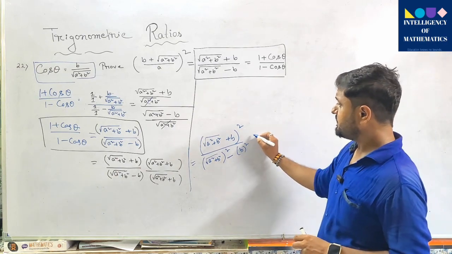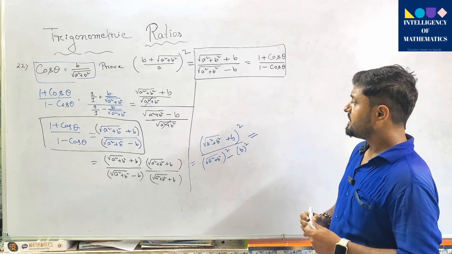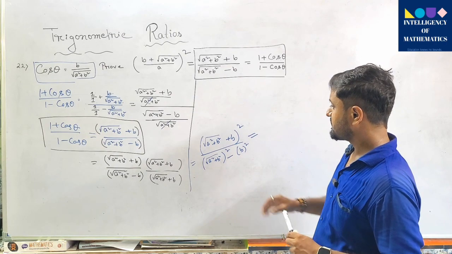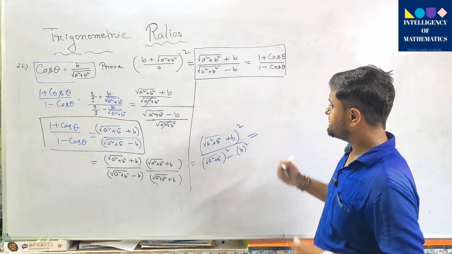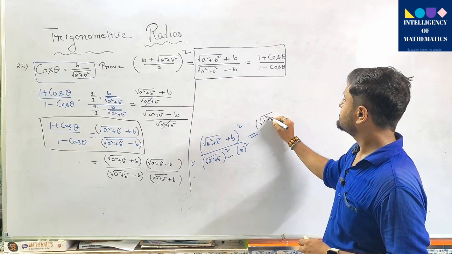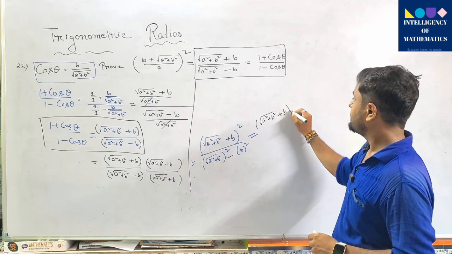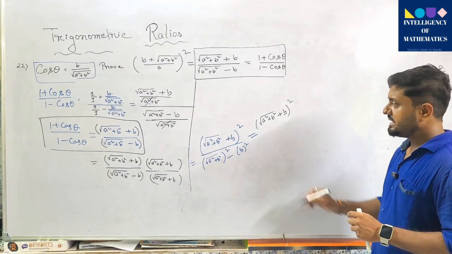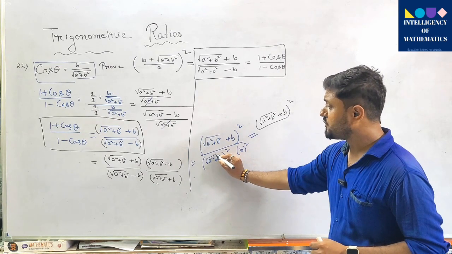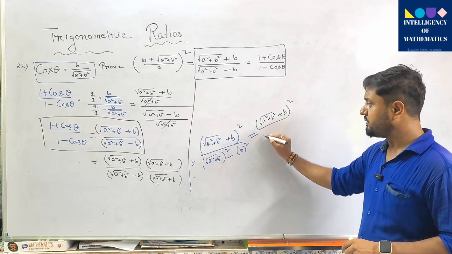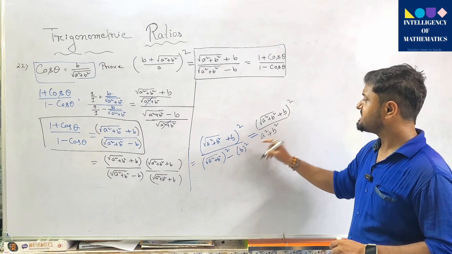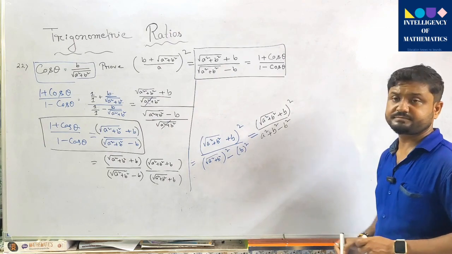In the next step, what will we do? The upper quantity will not change anything; we'll keep it as it is. So we are getting this quantity squared, and down, as this quantity is squared, the root sign will be omitted. So we'll get only a square plus b square, and here b square with a minus sign.